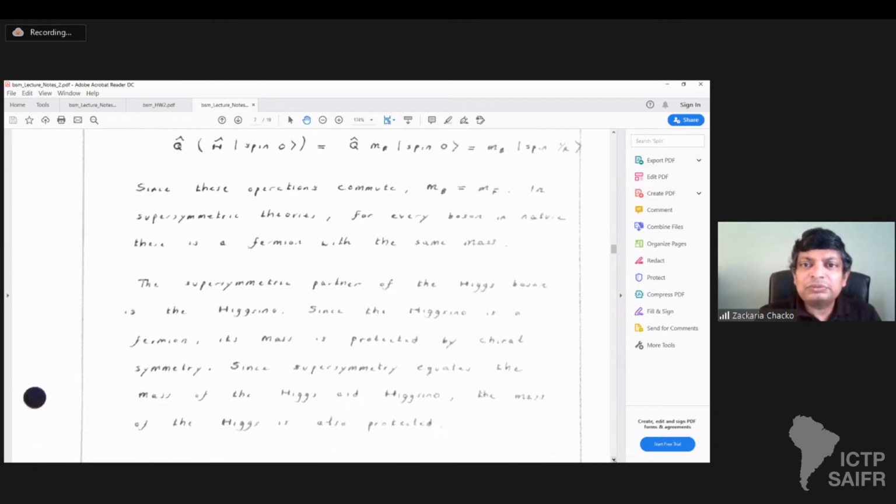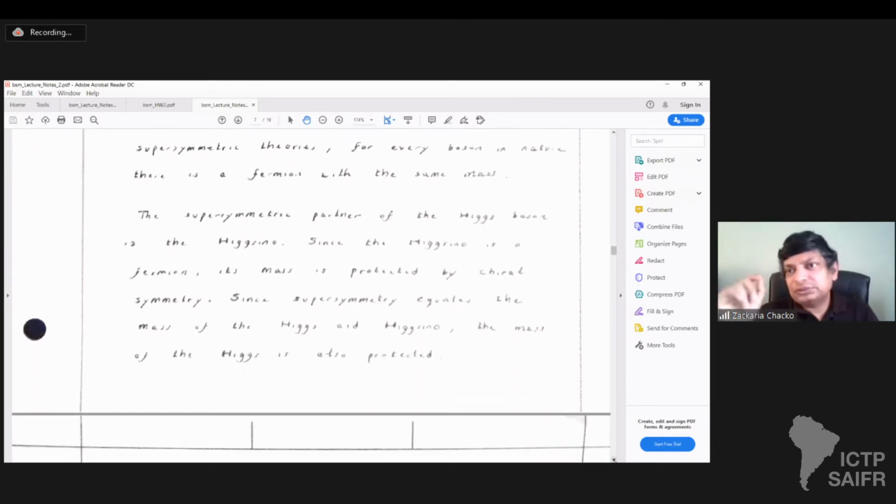Now, just with that much information, we can see how supersymmetry can solve the hierarchy problem. The supersymmetric partner of the Higgs boson is something called the Higgsino. The Higgsino is a fermion, so its mass is protected by symmetries. It's protected by chiral symmetry.